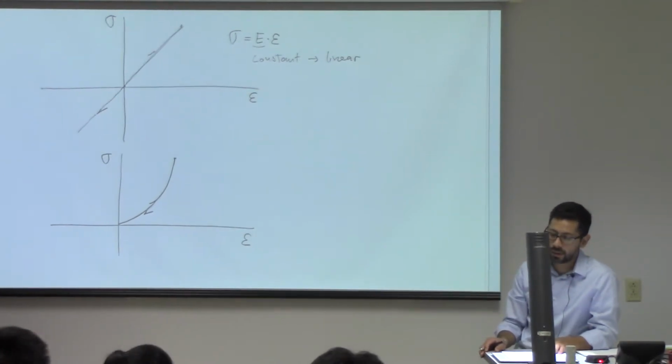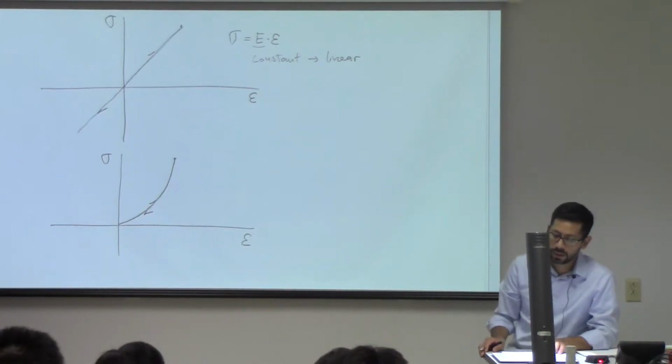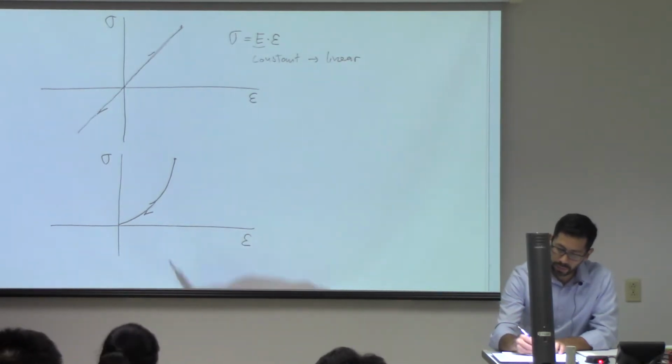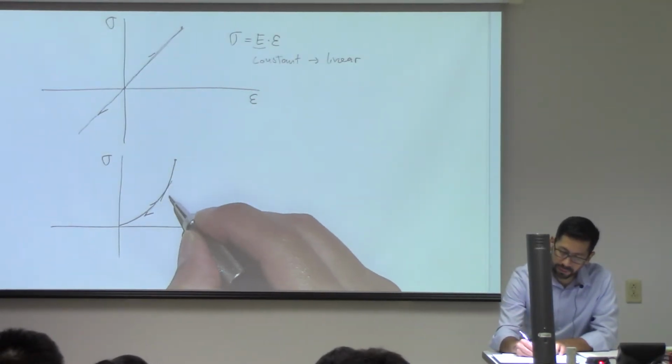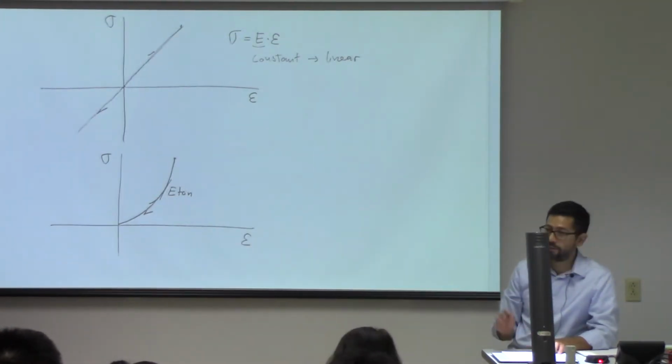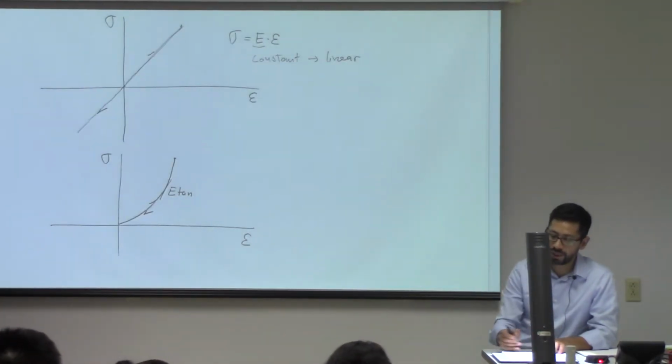As long as the solid is elastic, you're going to have all recoverable strains. In this case, you have a tangent Young modulus, which varies as a function of strain.